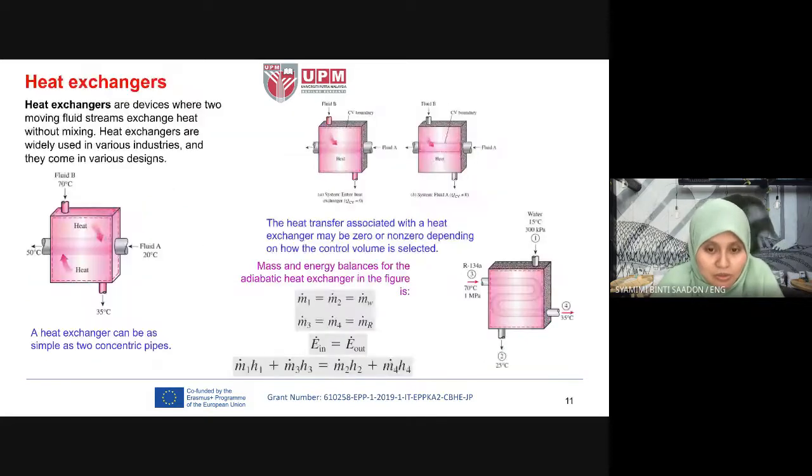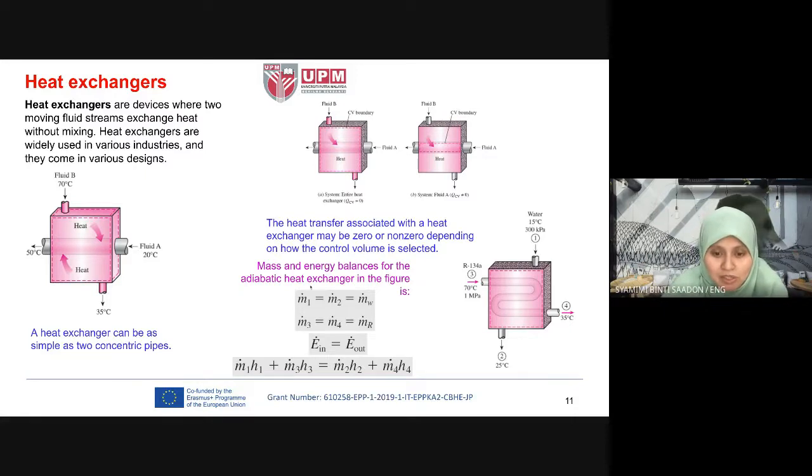Just now, this one, heat exchanger, it's mentioned here that the mass and energy balance for the adiabatic heat exchanger. Adiabatic means that we consider the system insulated, it doesn't exchange heat with the outside of the control volume. It only exchanges heat inside the control volume, the heat exchanger.